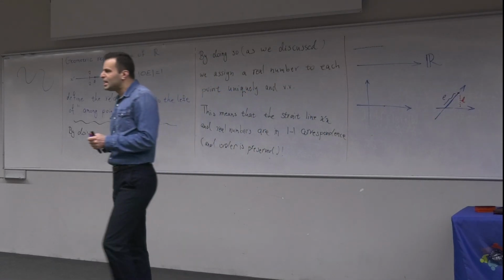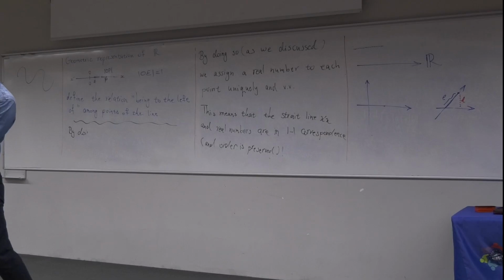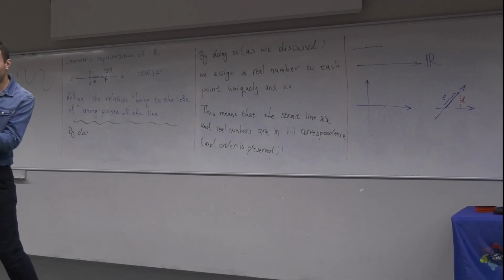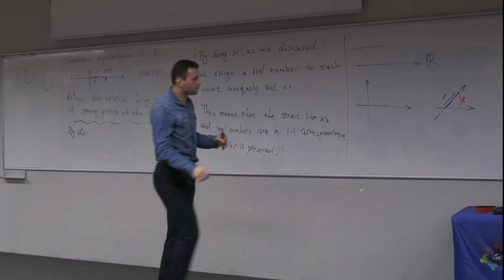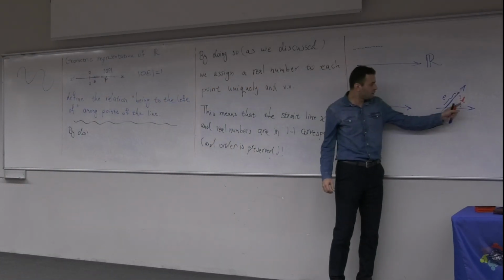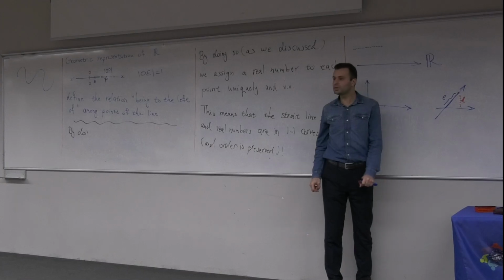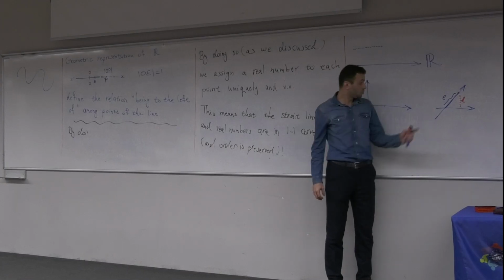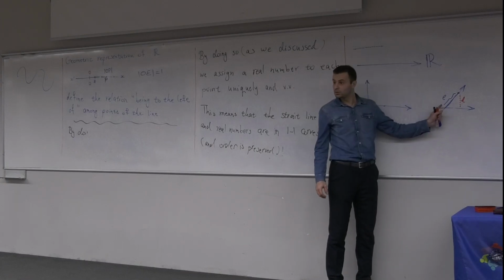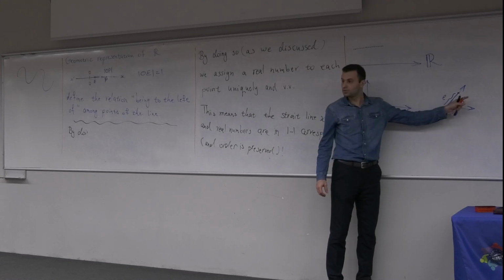Look at this. Is this distance of any point on this y-axis equal to its length, or are they different? Are D and L equal to each other, or different? They are different, right? You have a triangle here.